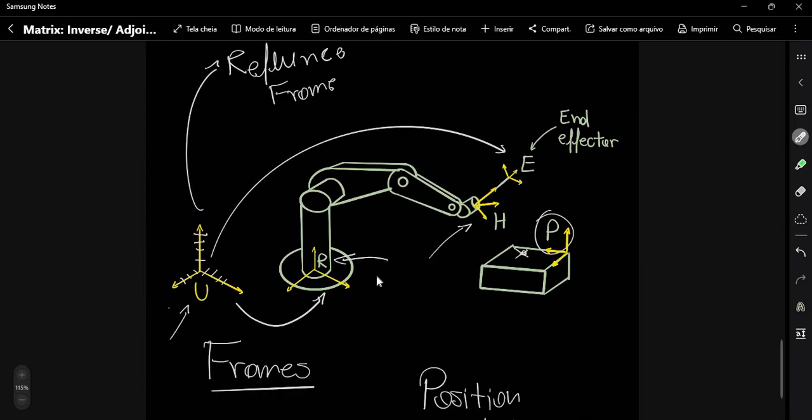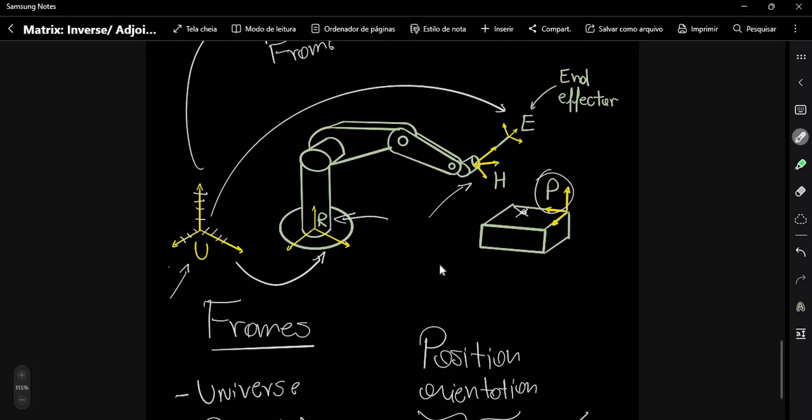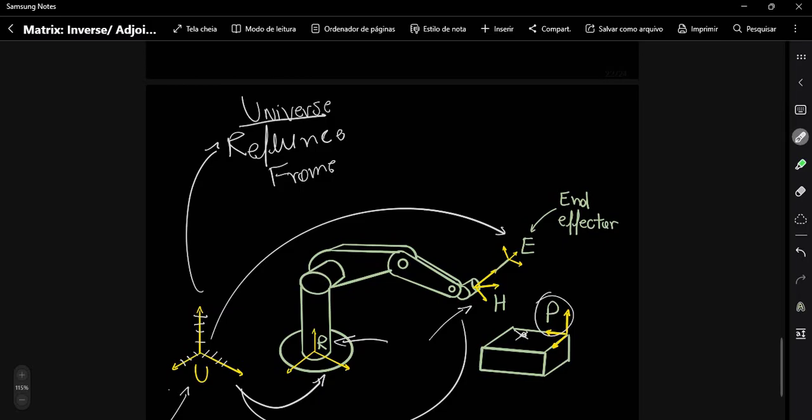And that is mandatory. Let's say we wanted to know the position and orientation of the hand of the robot, which resumes on its localization. We wanted to track this, so we have to write a transformation referenced to a reference system, a reference frame.